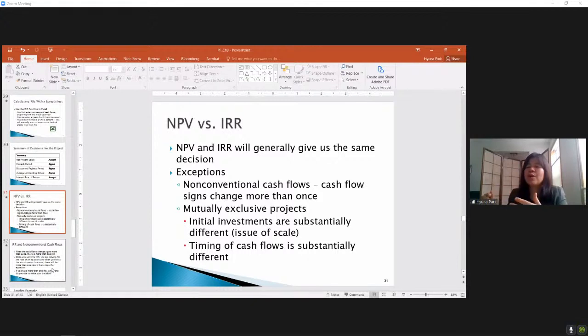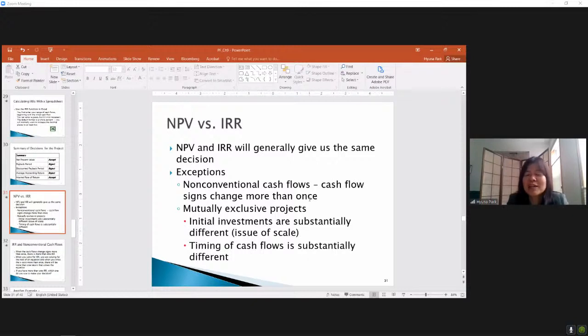So environmental cost at the end will be huge. So the huge negative cash outflow will be waiting far away near the end. So that means cash flow started from negative, positive, and a huge negative will be later. So cash flow changes signs more than once.